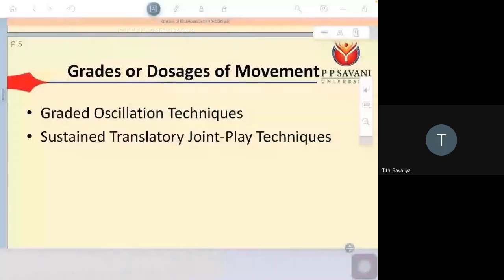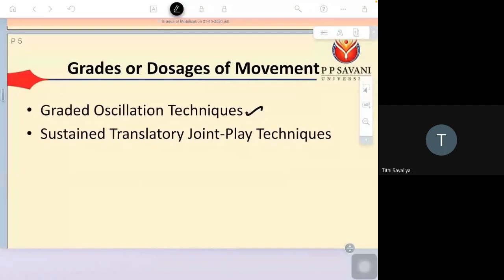So last class we discussed grades and dosages of movement. There are two techniques: graded oscillatory technique and sustained translatory joint play technique. We discussed the first technique, graded oscillatory technique.